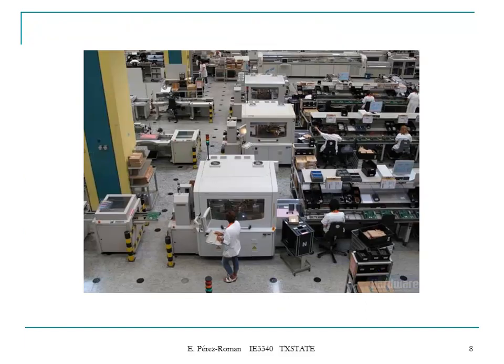So let's look at a particular example. I decided to show you a typical example. Most of the time, if you're working in production, this one is, I think, a computer type of, maybe boards for computers.